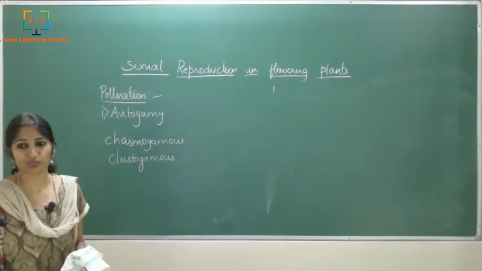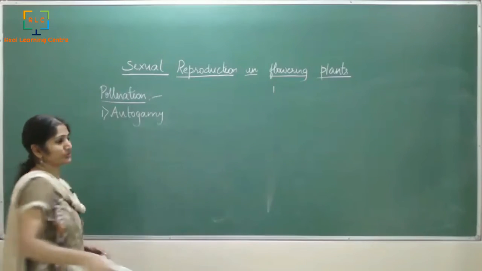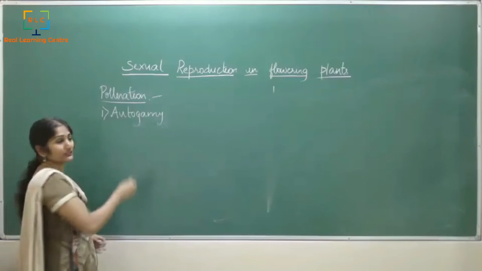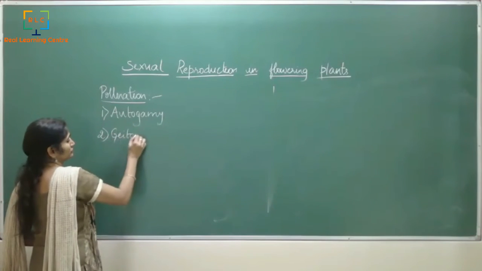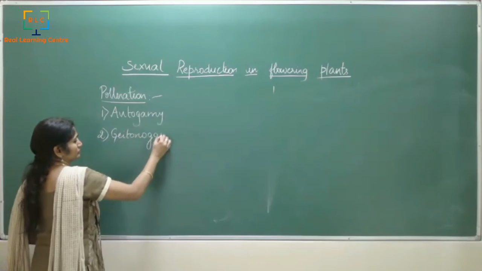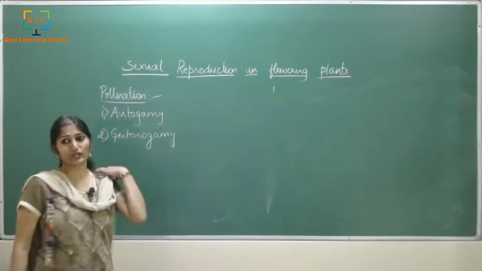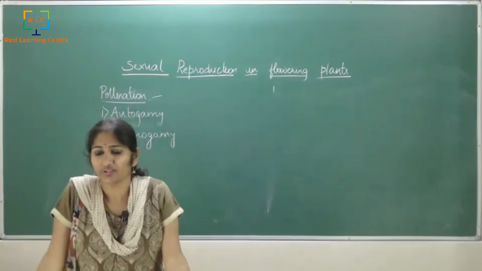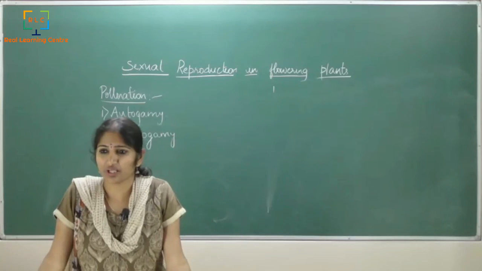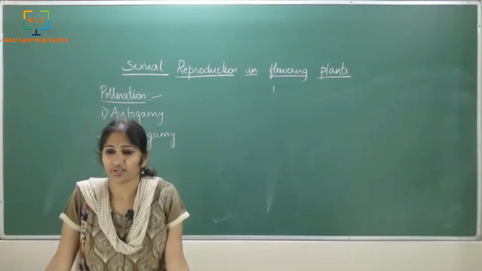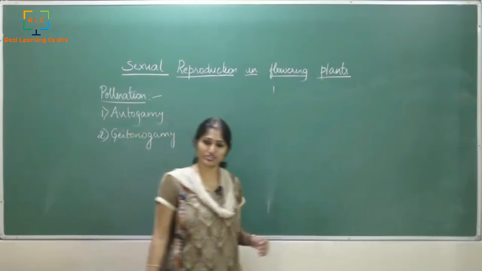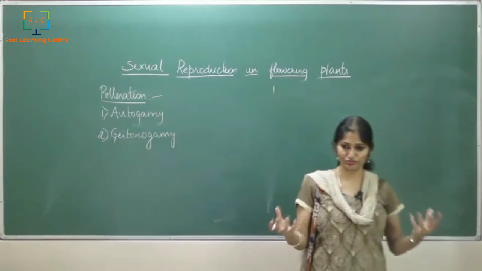There is a second type of pollination which we call geitonogamy. Basically geitonogamy means that it's a cross pollination. What exactly happens here is that you have two flowers.